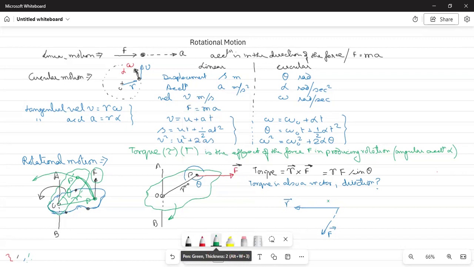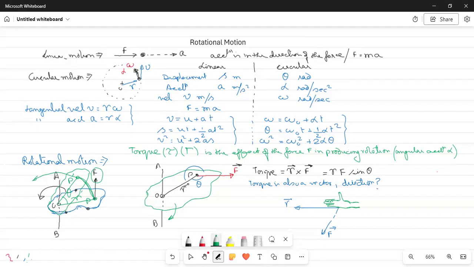What you have to do, you have to hold your palm like this, so that your fingers are pointed towards the R vector.